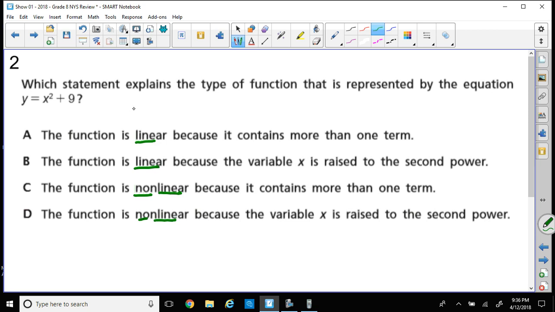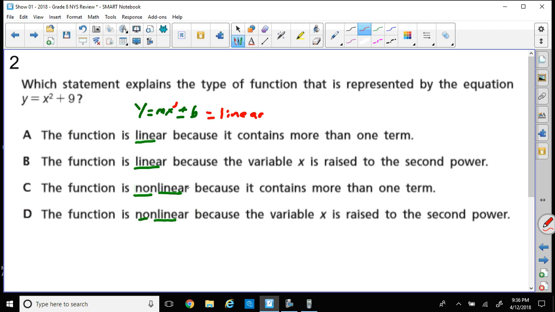Well, when we're dealing with straight lines, that formula I had in another example, y equals mx plus or minus b. Notice the value of the x. It has an exponent of 1, which we don't have to write, but that's important to know. So when the exponent is 1, that is linear. If it's not 1, it is nonlinear.